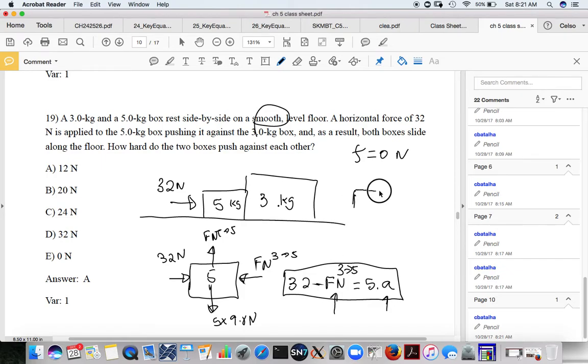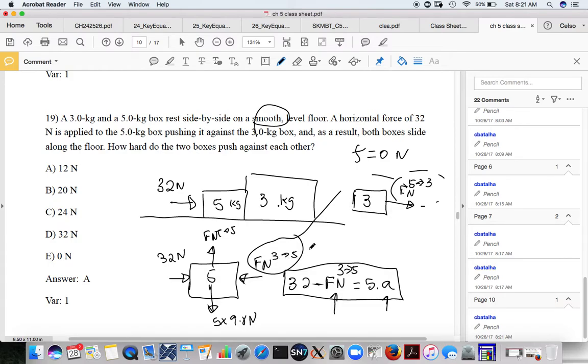So when I look at the 3 kilograms block and I try to single out the forces on it, which forces do I have? I have a force which is a normal force, 5 on 3. Now, what's interesting about this force 5 on 3 is that it has the same magnitude, the same numerical value, as the force that the block 3 exerts on 5.